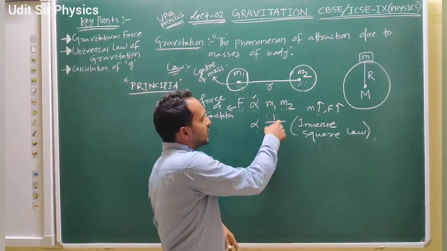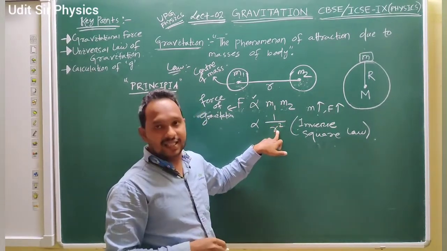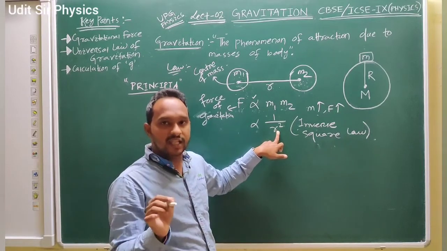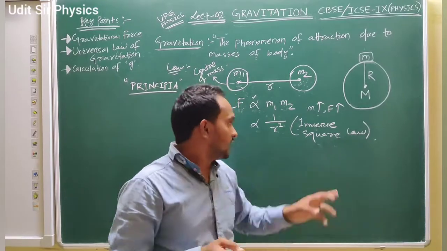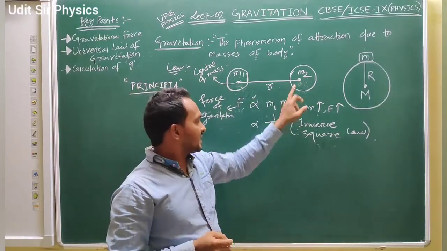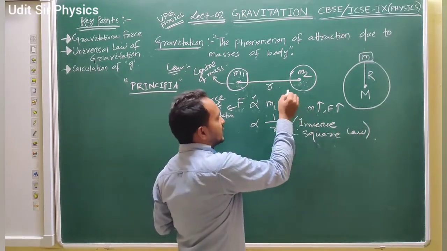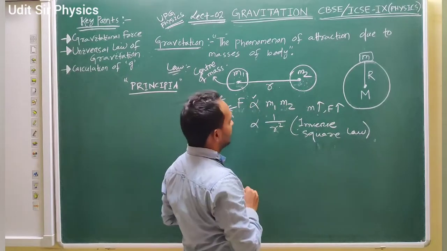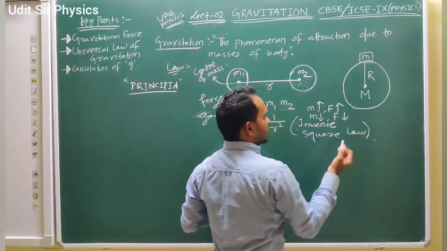And inversely proportional, 1 by r square, where r is the distance between the two masses. If masses increase, then force increases. If masses decrease, then force also decreases.